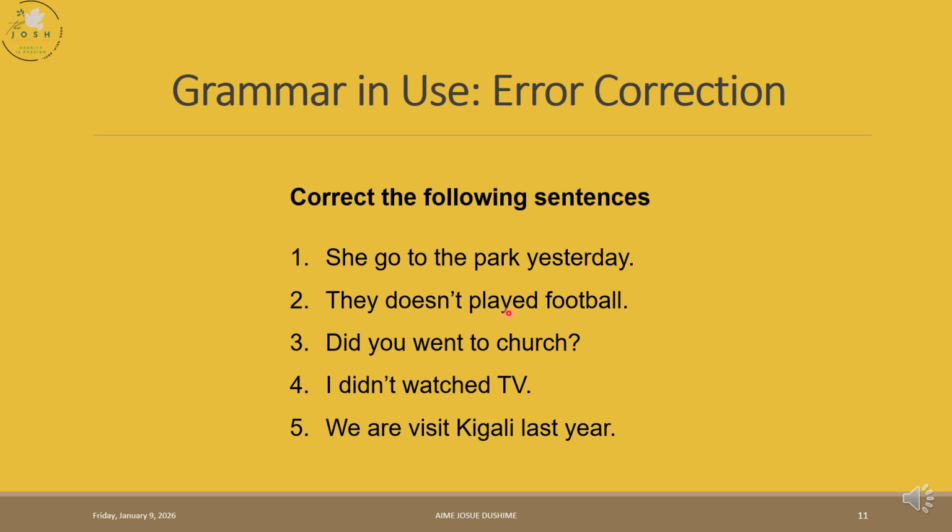So they didn't play football. Did you went to church? No. Because when we are in a question, after did plus subject, we use V1. Did you go to church? I didn't watched TV. That sounds awful. I didn't plus V1: I didn't watch TV. We are visit Kigali last year. No. We remove the auxiliary and then we say subject plus V2. We visited Kigali last year.